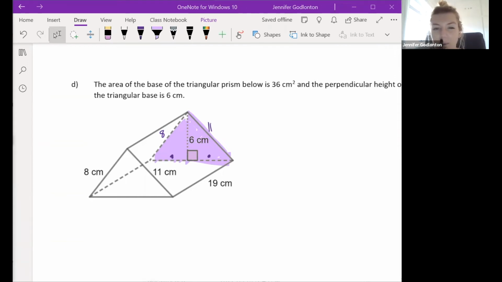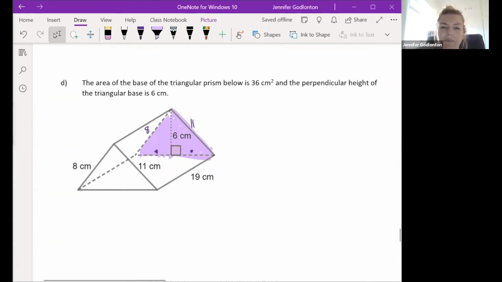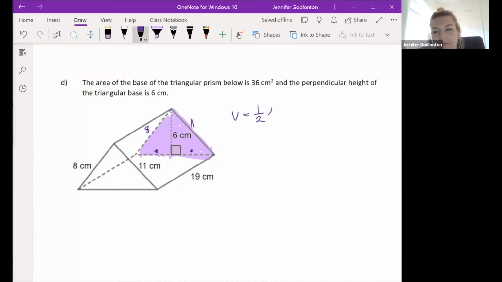Tiana, have you figured out the quick way of doing this? Ma'am, can't I use like the normal formula? What is our normal formula? The volume equals half times base times height times the big height. Okay, what would I fill in there then?